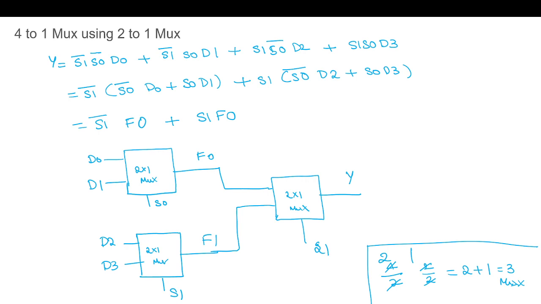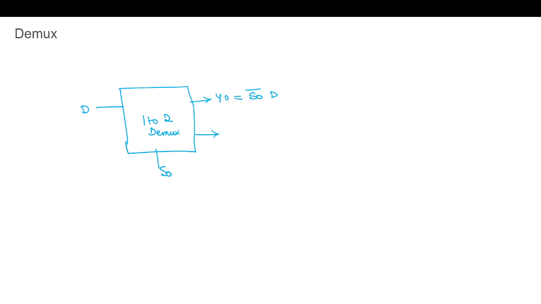So next is the demultiplexer. If we consider a small demultiplexer, a 1 to 2 demultiplexer, it has a select line S0 and D is the input. Y0 is S0 complement D and Y1 is S0 D.